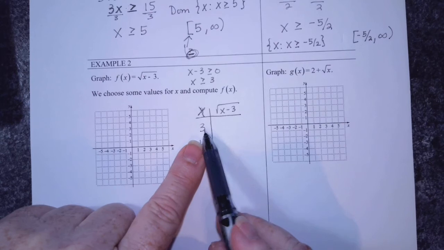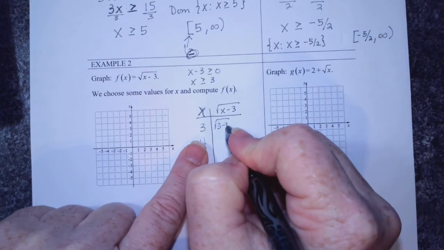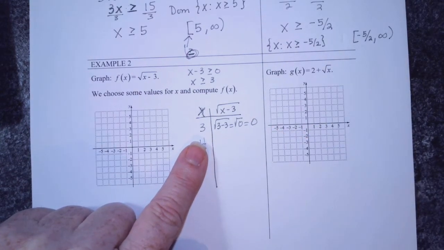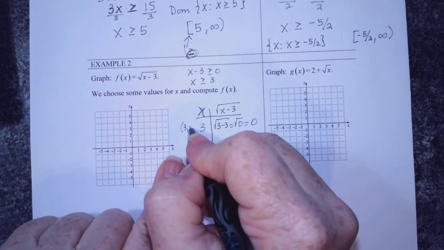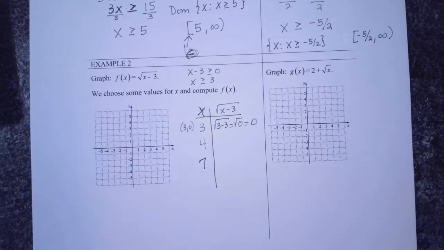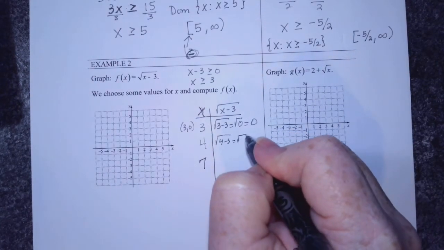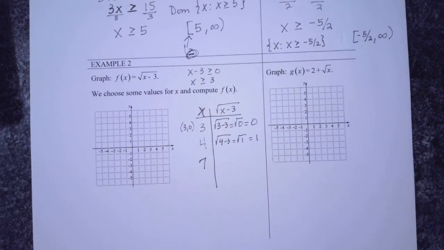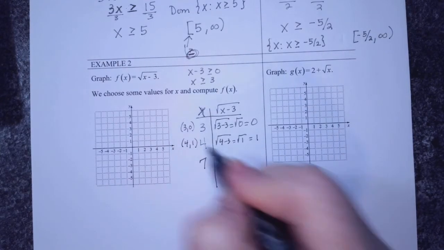All right, if we plug in 3 here, this would be the square root of 3 minus 3, which is the square root of 0, or 0. So one point on my graph will be the point (3, 0). When I plug in x equals 4, I will have the square root of 4 minus 3, which is the square root of 1, which is 1, and I have the point (4, 1).